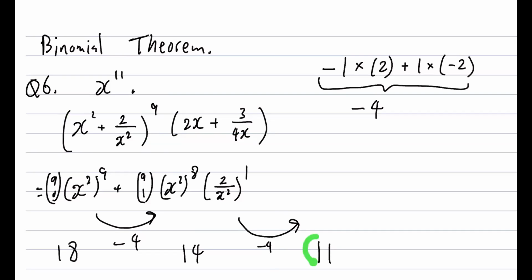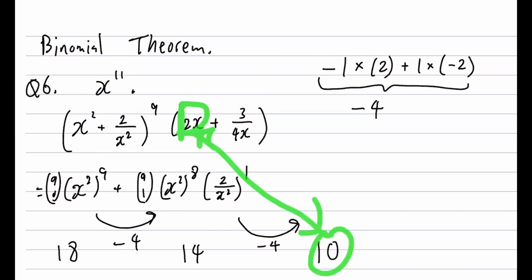You can multiply 11 by x, right? Oh wait, sorry. 11 by 3 over 4x. Does that make sense? Actually not correct. Oh, sorry, my math failed. 14 minus 4 is 10. What, 11? Oh my goodness. Okay, 14 minus 4 is 10. Yes. Then hence you multiply by 2x, then you can get your power 11. Make sense?